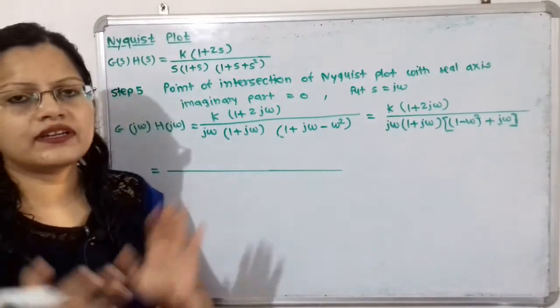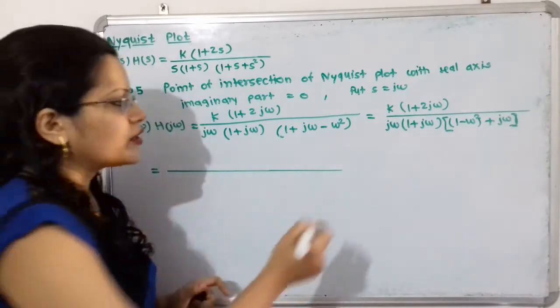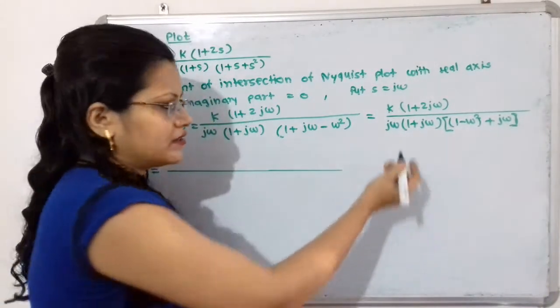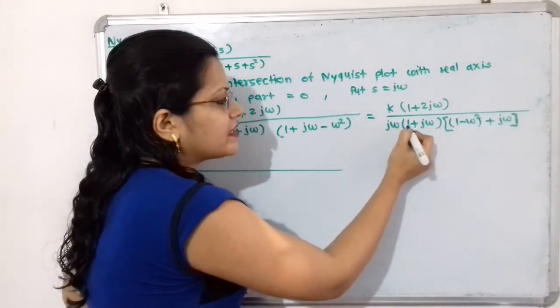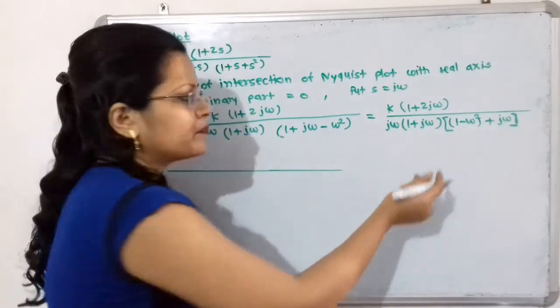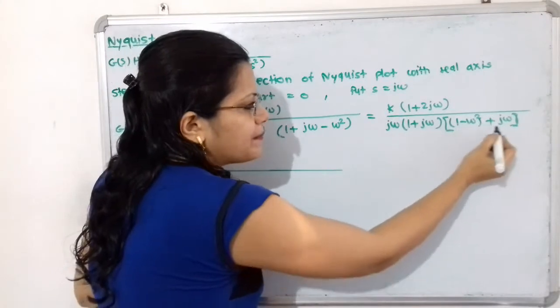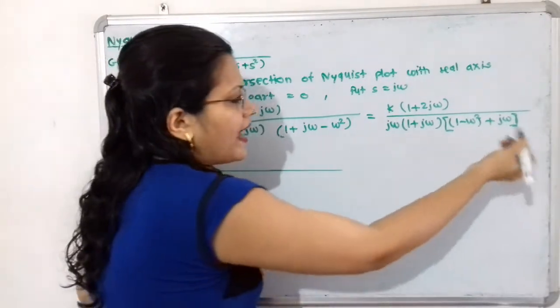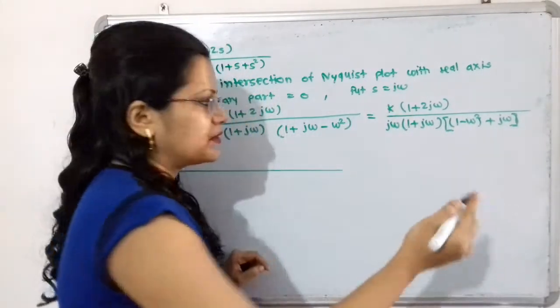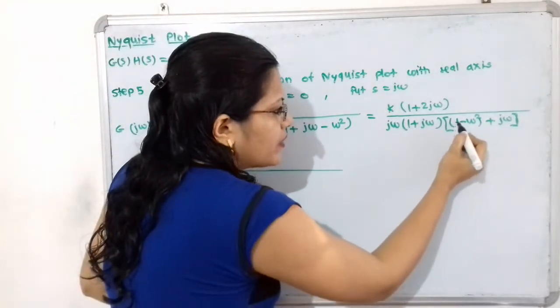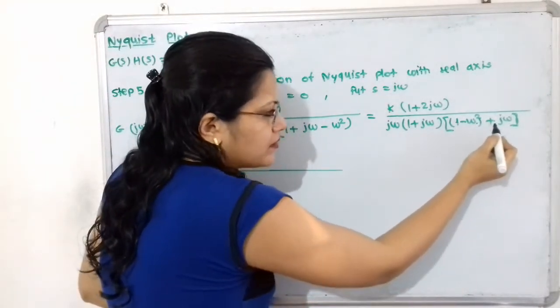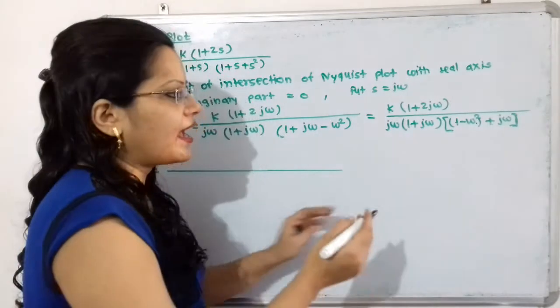So how to determine this complex conjugate? So here 1 plus j omega is there. So I will multiply and divide here with 1 minus j omega. So this is the real part and this is the imaginary part. So I will say a plus b is here. So I have to multiply with a minus b. So how to multiply? That is 1 minus omega square minus j omega. That I have to multiply.